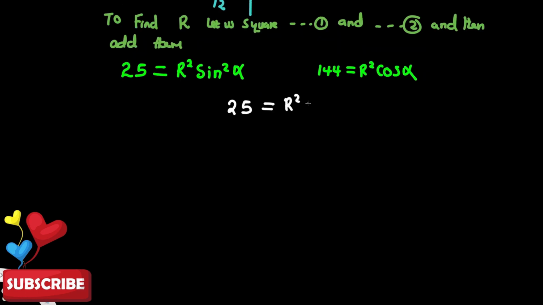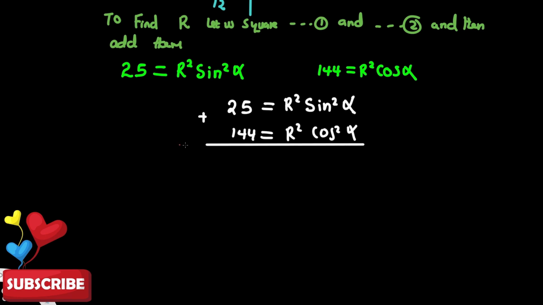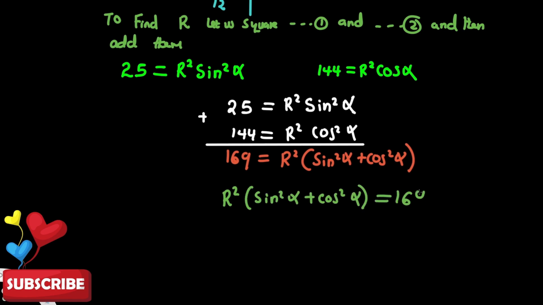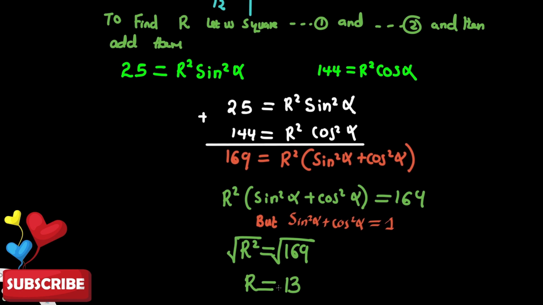Then adding the two equations, we're going to get 169 equals that, because I've already factored r squared out so that I can add the two, and whatever is in the bracket is going to reduce to 1, remember that sine squared alpha plus cos squared alpha is 1. Then we remain with r squared equals 169, which we find the square root, and our r is 13. Now we are home and dry.